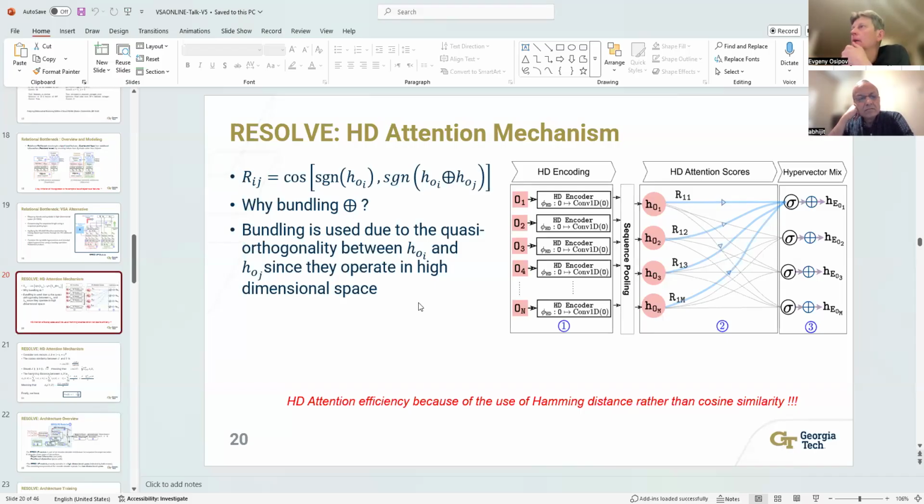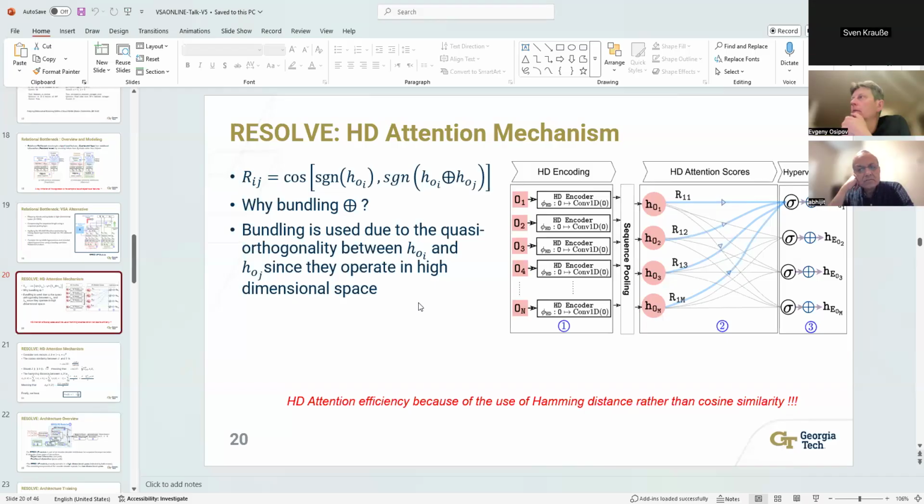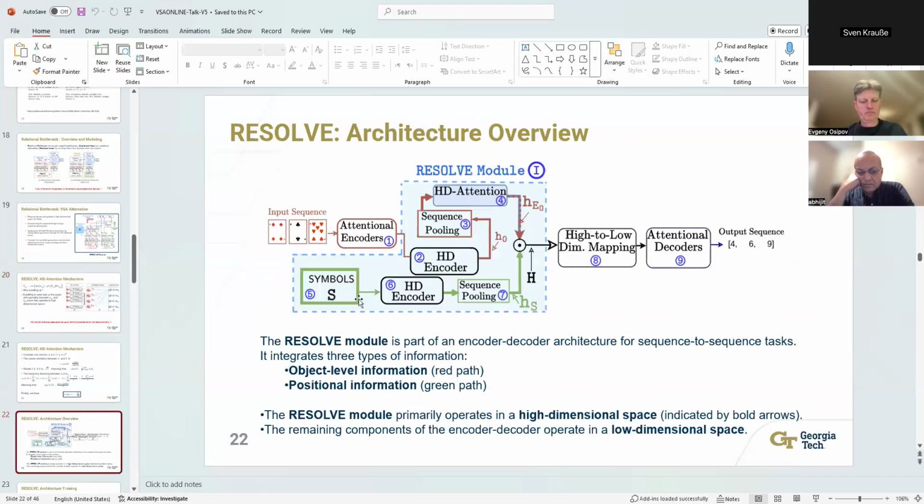So let's see if we have Sven. Yes. Thanks for a nice talk. Similar vein, into more details of the model. If you could go to slide 22, I think. I was wondering, do I understand you correctly that the symbols are not input dependent?